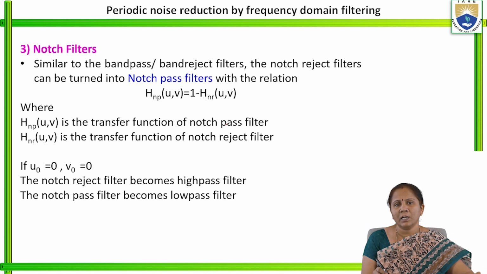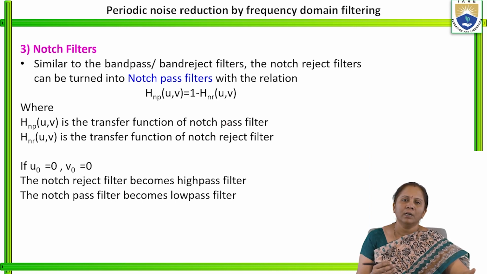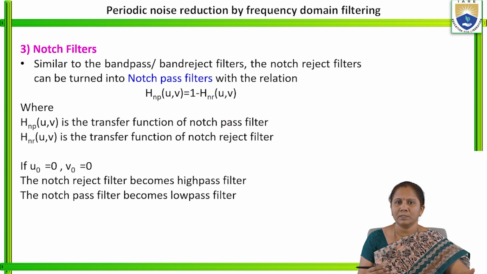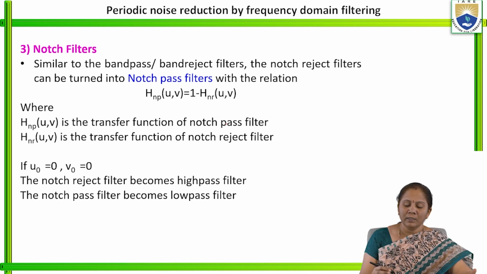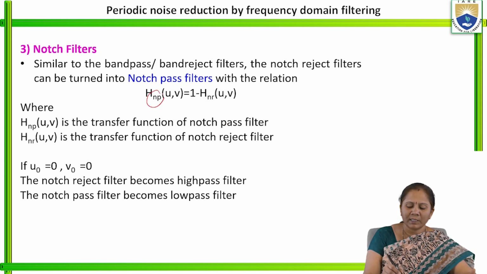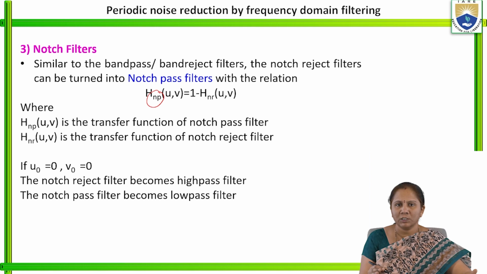Similarly, we can learn about notch pass filters. For notch reject filters, we have seen the transfer functions of the three types of filters: ideal, Butterworth and Gaussian. The notch pass filter is exactly opposite to the notch reject filter.